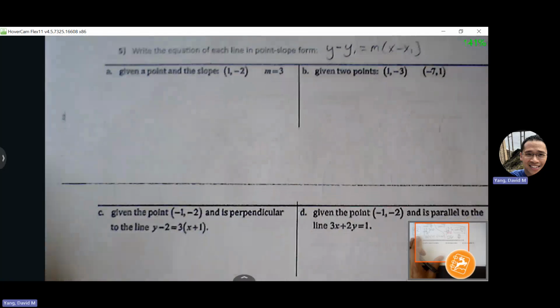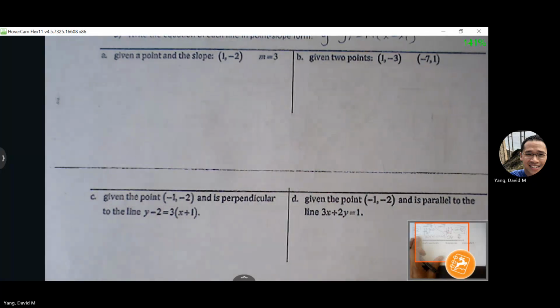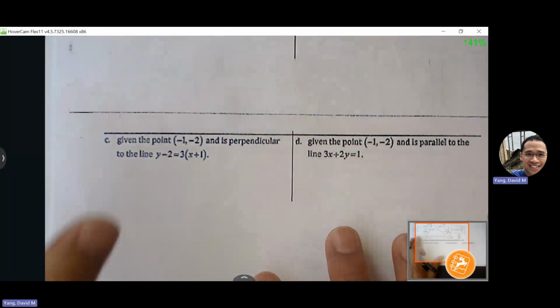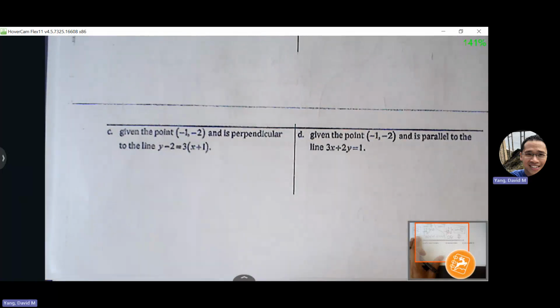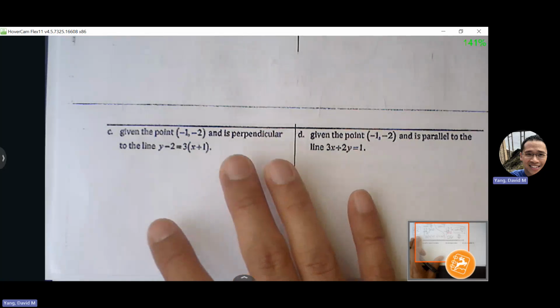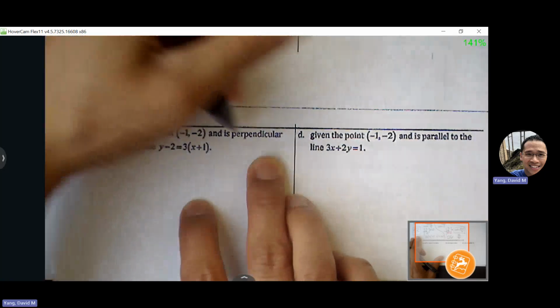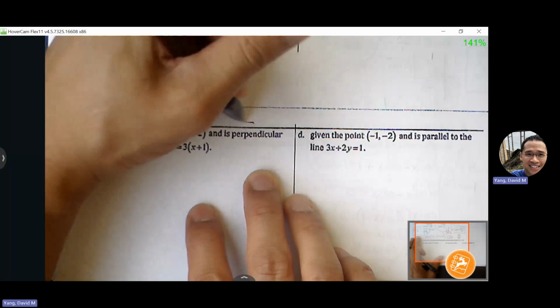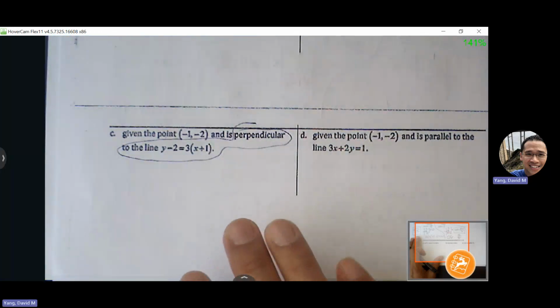Let's look at part C and part D, where we're not given everything to begin with, like A and B. So part C, we still want to write our equation in point slope form, but it says given the point -1, -2, so that's nice. We already have the point, but we want something that is perpendicular to the line y minus 2 equals 3 times x plus 1.